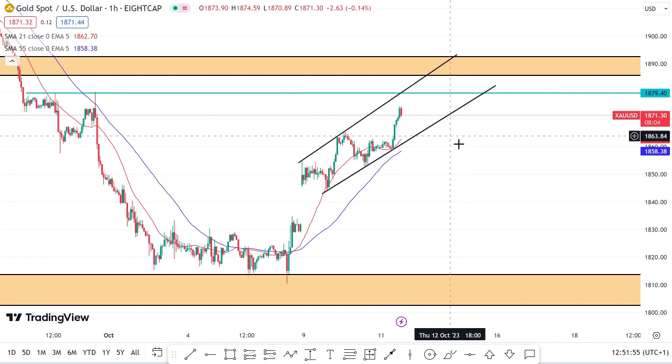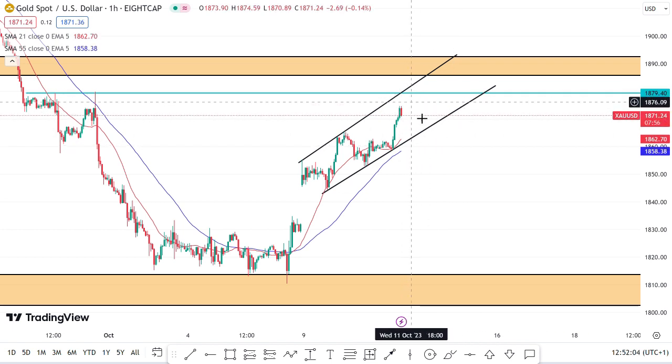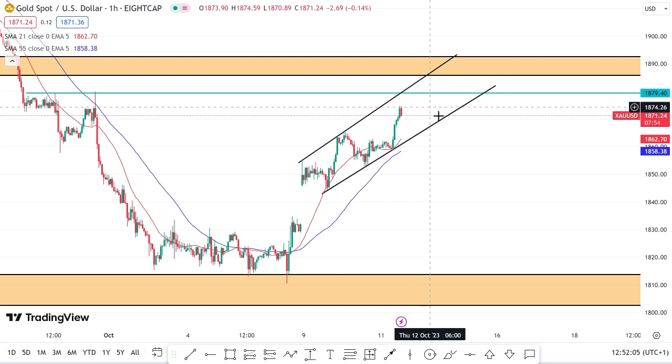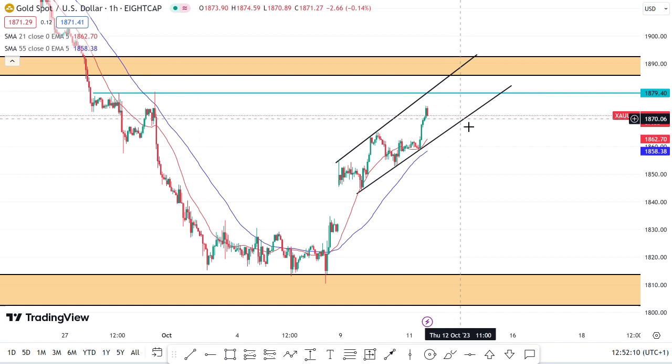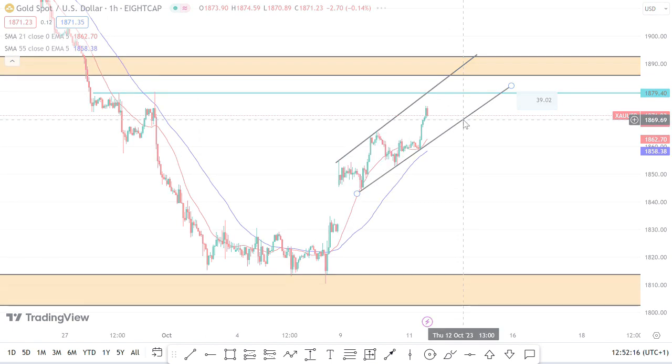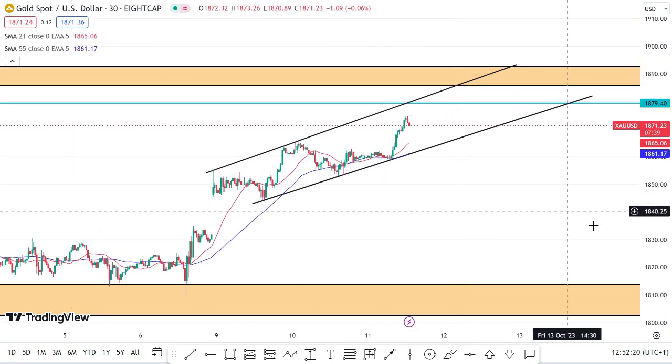That's when we are going to engage in the market and start looking for selling opportunities, because right now we are still bullish. This is a short-term bullish move, and overall on our higher time frame we are anticipating a sell. So guys, let's go to the 30 minutes time frame and see what the 30 minutes time frame is telling us. Now we are going to adjust this.